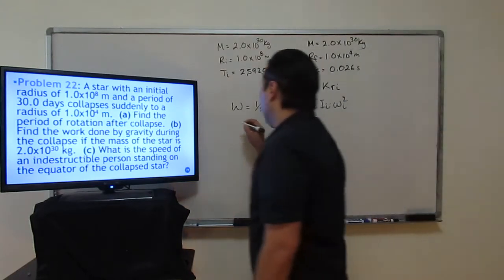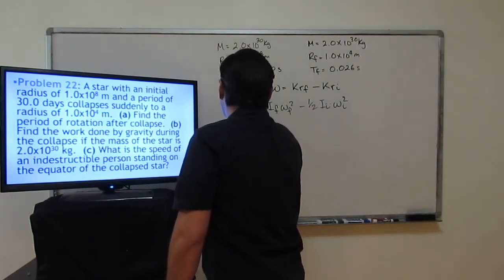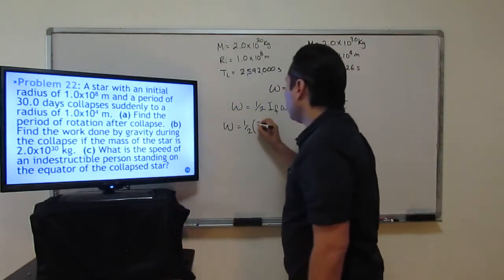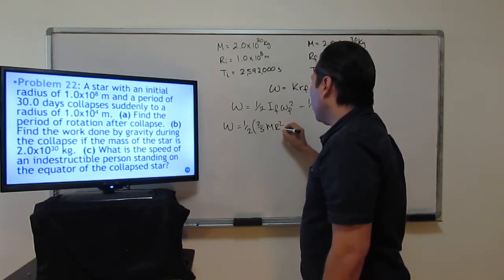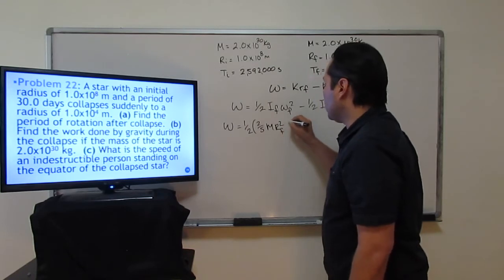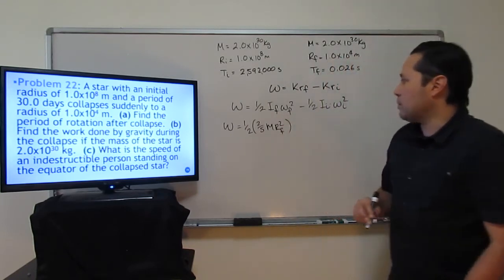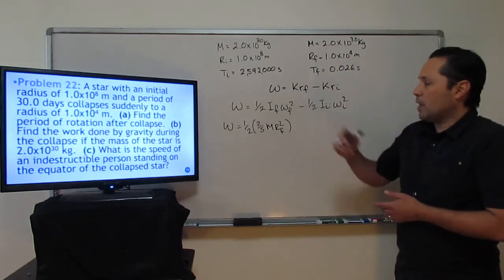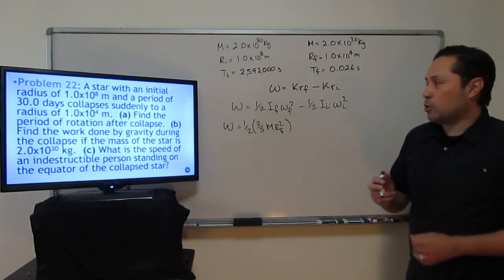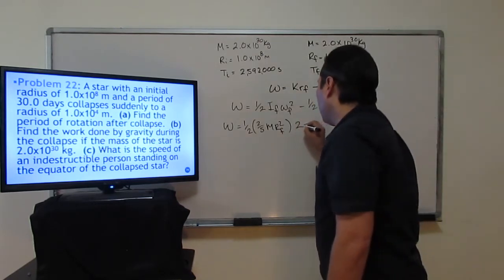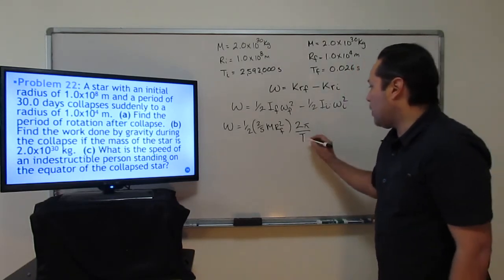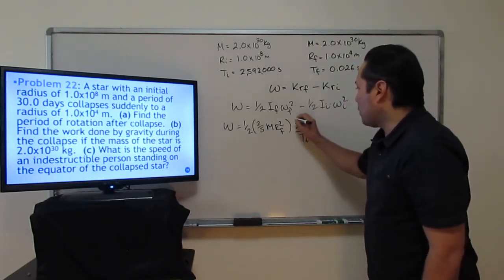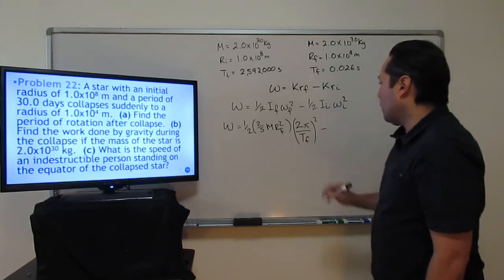So let's plug those in. It's going to be 1/2 times 2 over 5 m r squared, and this is our final radius, and multiply times the angular speed final. Angular speed final is going to be 2 pi over the period, and now that is our period final, and that is squared, so all of this will be squared as well.